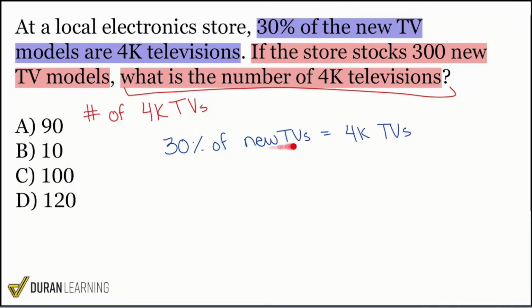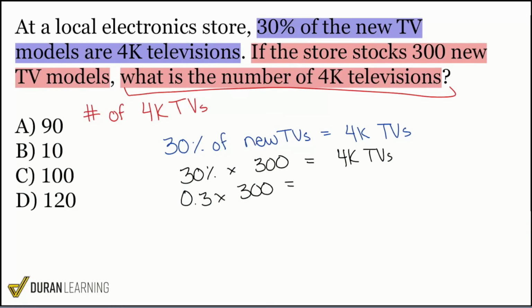Sounds good. The number of new TVs, we'll replace that with 300, and we're ready to calculate. 30% times 300 equals the number of 4K TVs. With that, are we ready to calculate, my party people? Because this will turn into 0.3 multiplied by 300 equals the number of 4K TVs.